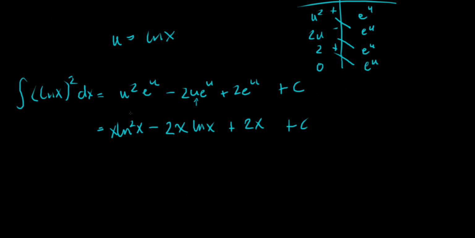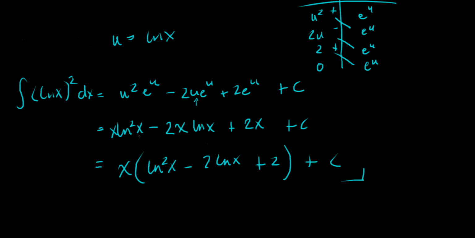And then we can just do a little bit of simplification here. We could pull out an x here, right? So we just get that this is x times ln squared of x minus 2 ln of x plus 2, plus c. And that's our answer.